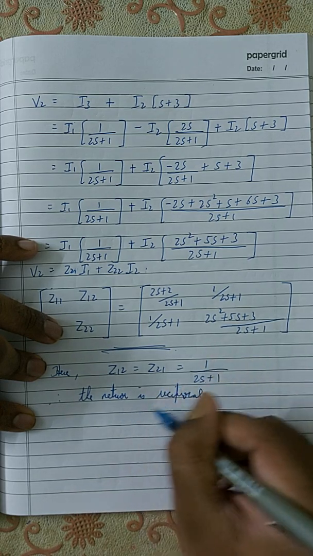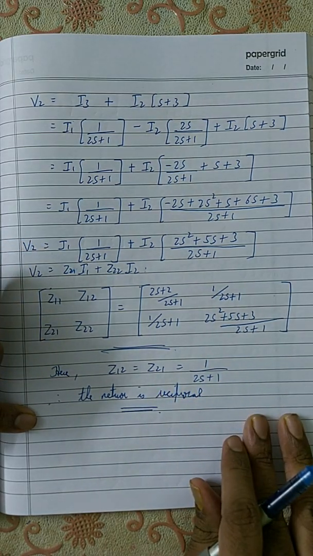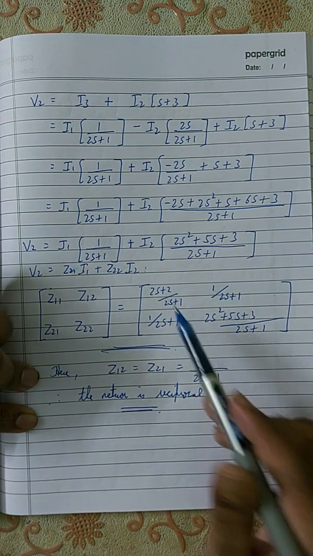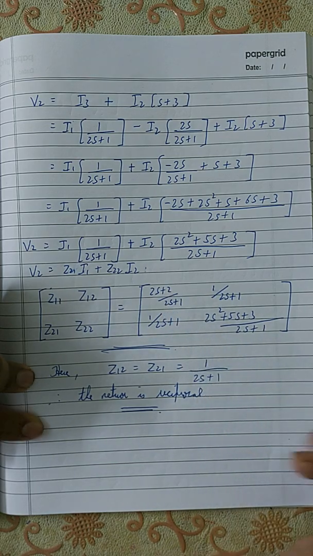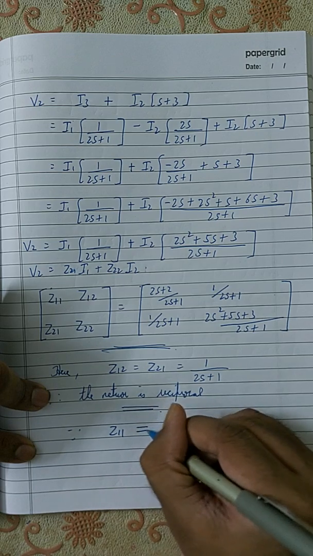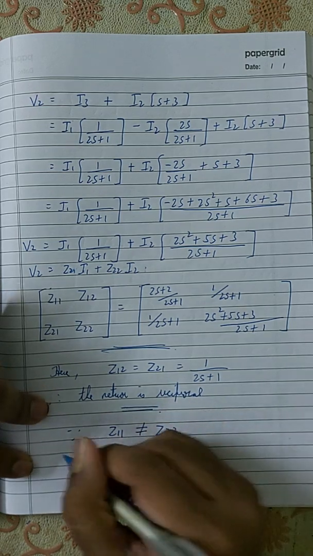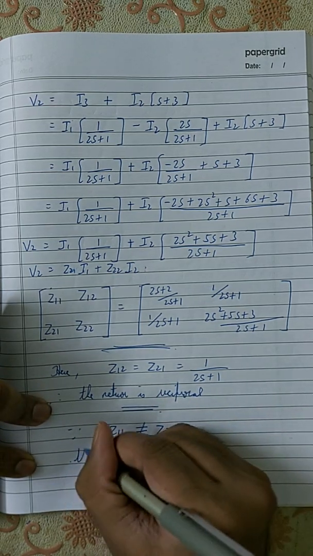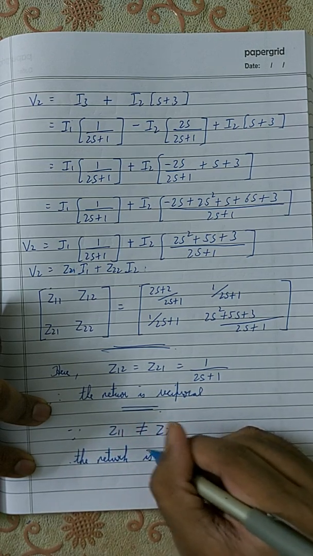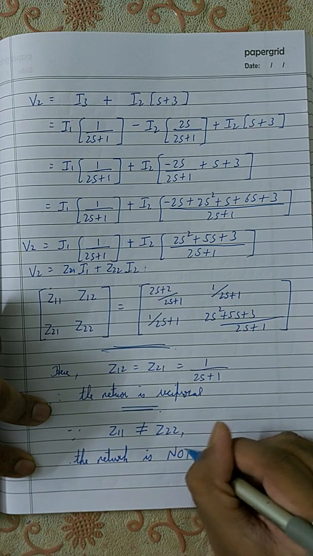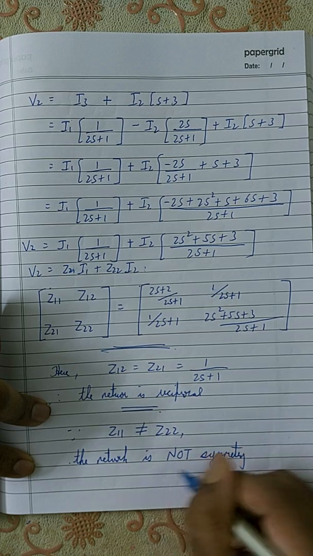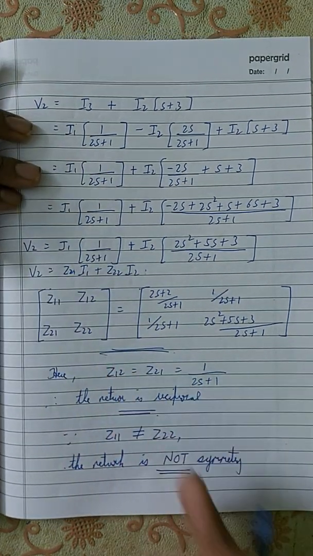For symmetry, Z11 should be equal to Z22, but here Z11 is not equal to Z22. So since Z11 is not equal to Z22, the network is not symmetric. Okay, so this is your answer.